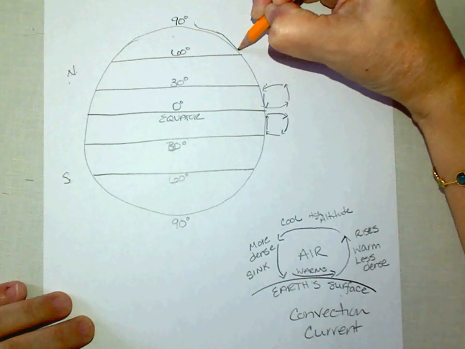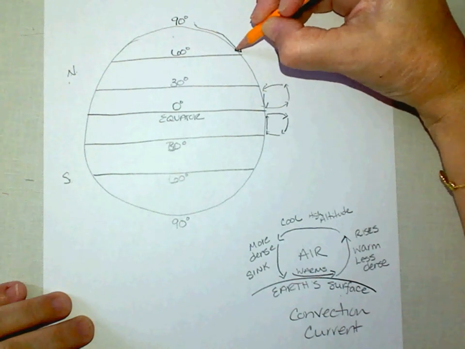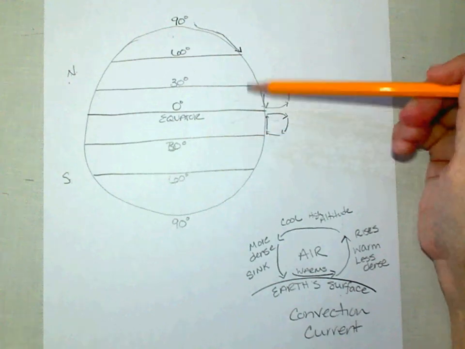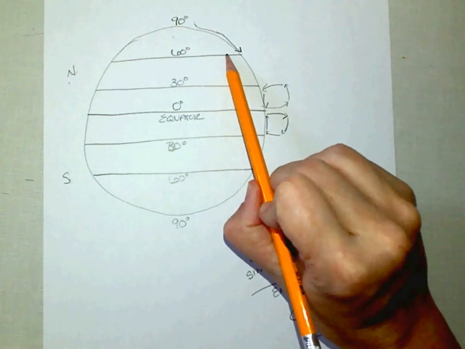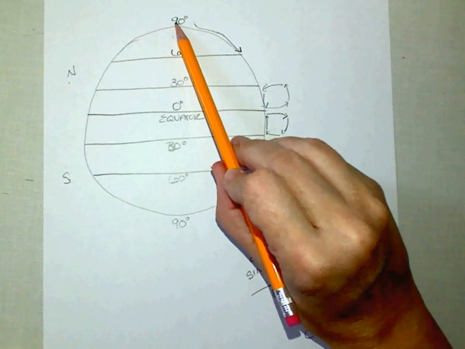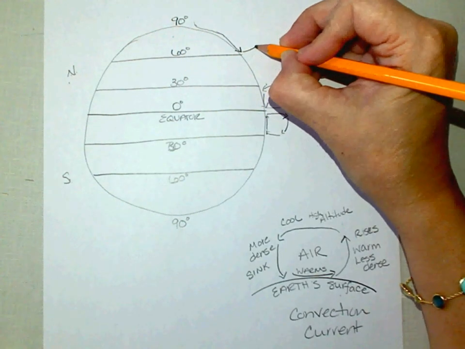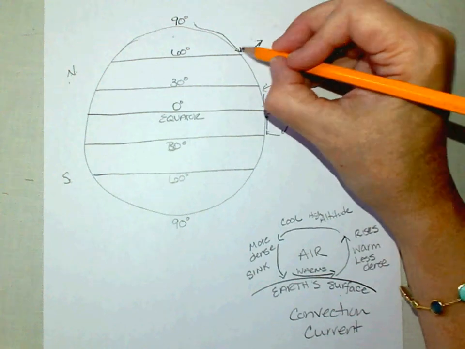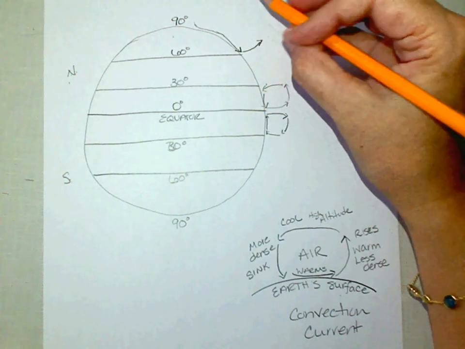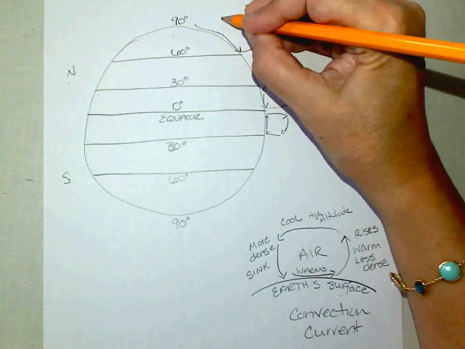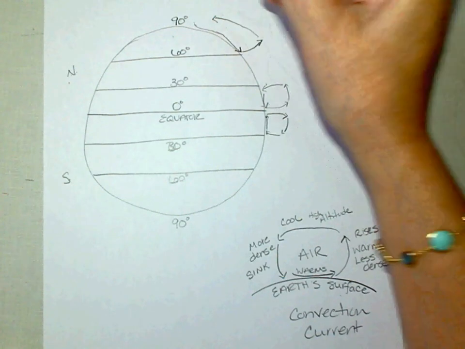Now, I didn't say hot, nowhere near like this, but it's going to be warmer here than it is here. So that air right here about the 60-degree mark is going to come rising up because it's warmer here, gets higher in those altitudes, kind of comes across as it starts to cool, and of course you know that when it cools it's more dense and it comes down and then it'll come back across.